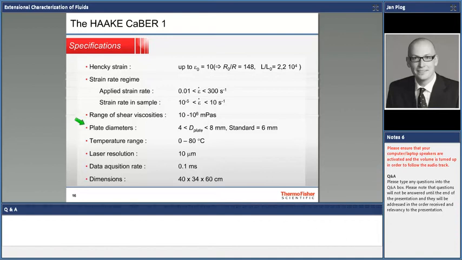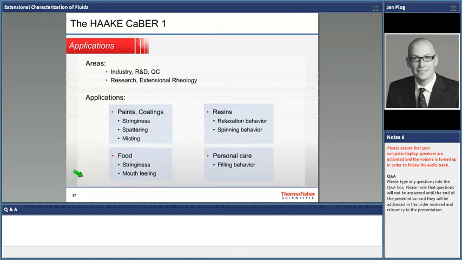We have different plate diameters. Temperature range is 0 to 80. It's liquid temperature controlled. 10 microns is the laser resolution. We can sample with 10,000 hertz, which has a lot of, of course, advantages when you have fast breakup processes, like coating applications, but also more on that later.